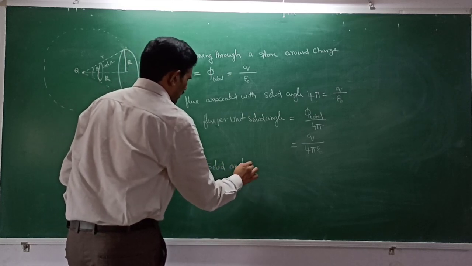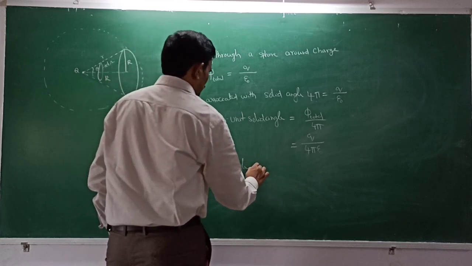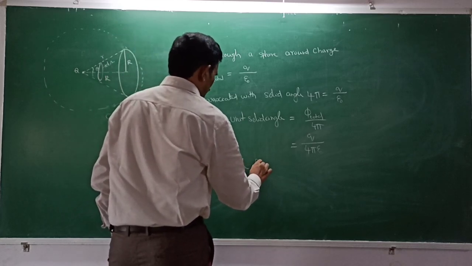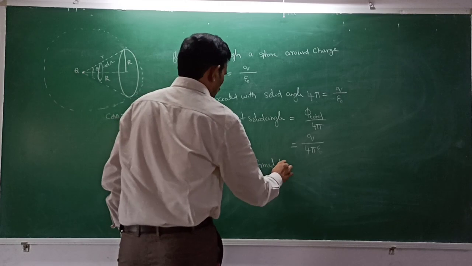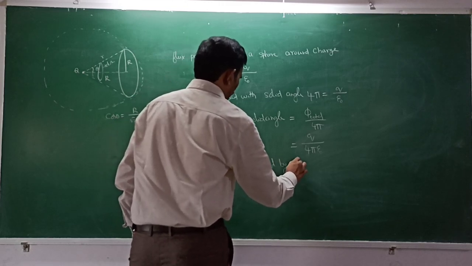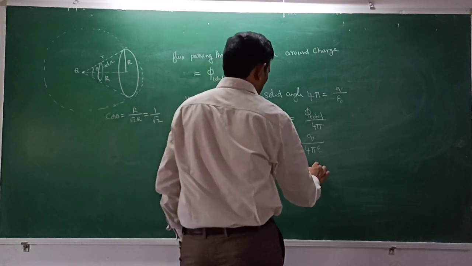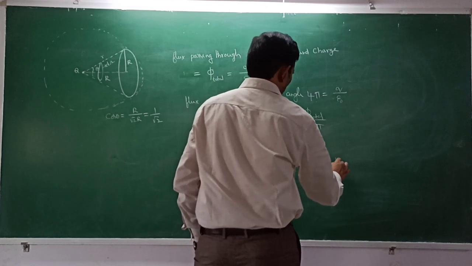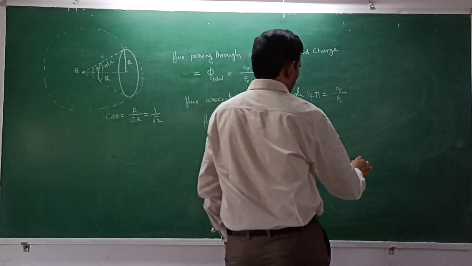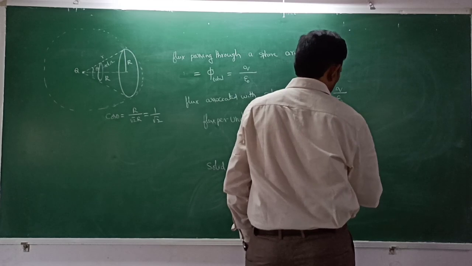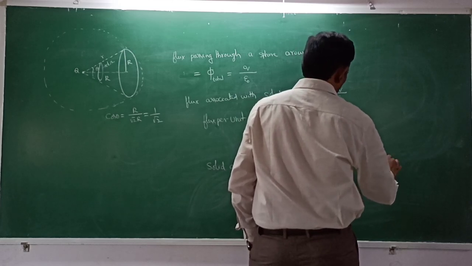The solid angle formed by the given disk, d omega, is equal to 2 pi into 1 minus cos theta.